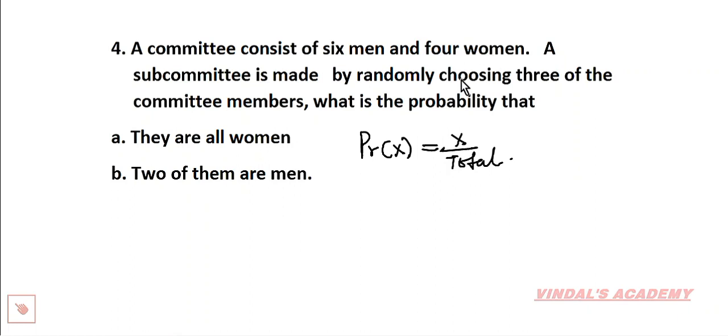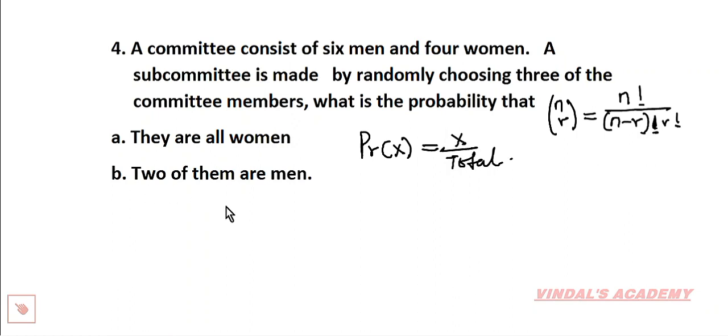But the questions are in combination. So remember that nCr is the same thing as n factorial all over n minus r factorial, then r factorial.